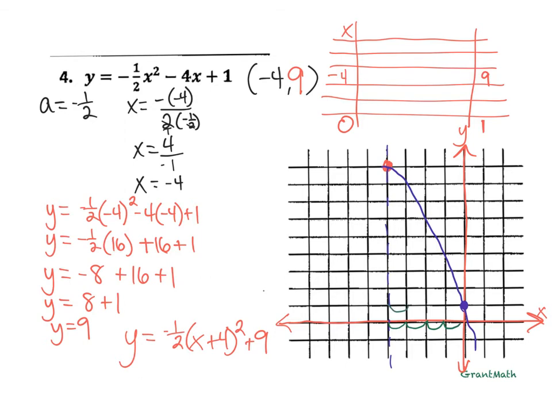Actually, it needs to be right here. 1, 2, 3, 4. 4. So I'm going to go in the other direction. 1, 2, 3, 4. It has to be symmetrical. It's like a mirror. Whatever's on one side is on the other side. Finish your parabola.